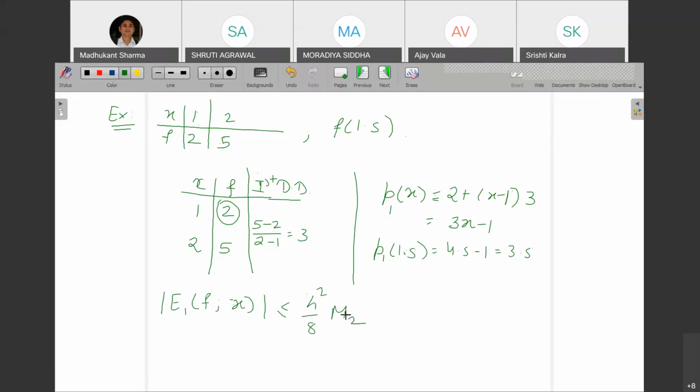So m2 we need to identify by some other estimate, because f is not known to us. What is h? h is x1 minus x naught, that is equal to 1. So that is equal to m2 by 8.